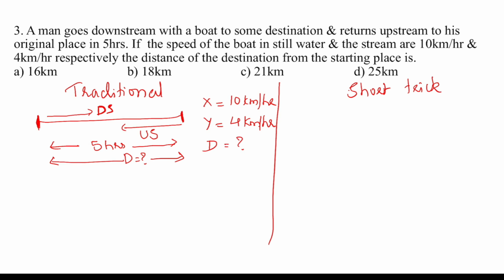Now we know that total time is 5 hours. Then total time is given by T1 plus T2, or you can say time to go downstream plus time to go upstream, isn't it?